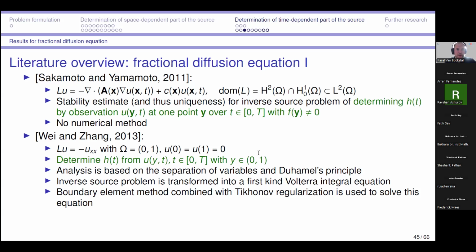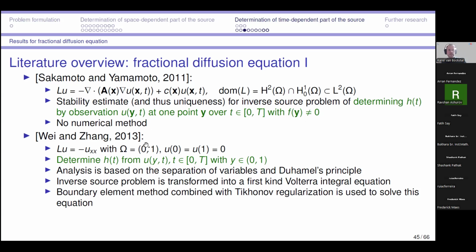Sakamoto and Yamamoto, in a famous paper of 2011, considered this inverse problem with boundary measurement and showed uniqueness of determining h of t from the boundary measurement. We have to assume that the integral of f is non-zero, that f in the boundary measurement is not equal to 0.